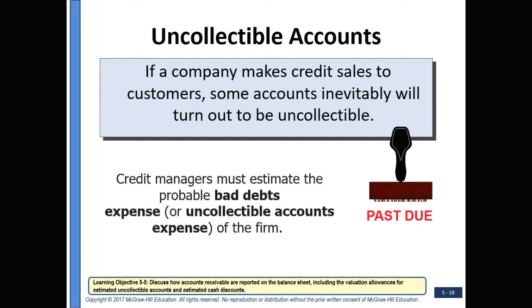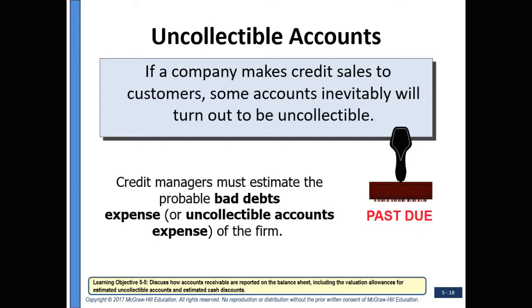Credit managers are typically the individuals that will engage in the estimates of what the probable bad debt expense is associated with a given period, which represents the amount of uncollectible accounts receivables that the organization should experience. We don't necessarily know who, but we can say based on a high amount of probability, X dollars won't be collected.